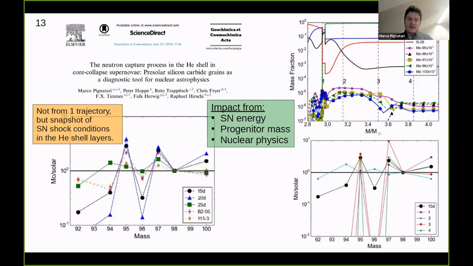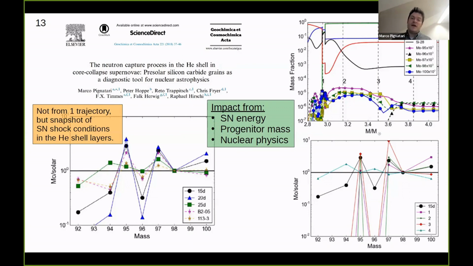First of all, there are slightly different signatures in these few presolar grains that we have, but it's not a specific neutron density that gives this result, for example high molybdenum 95 and high molybdenum 97. In reality, it's a contribution coming from different zones in the shell.